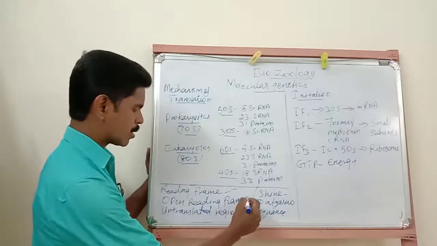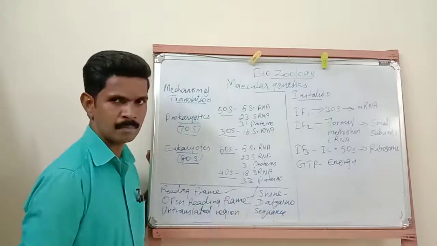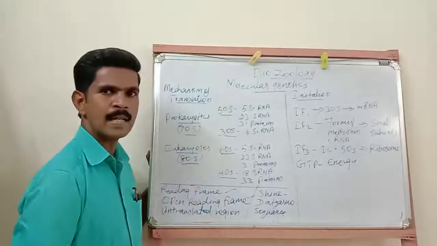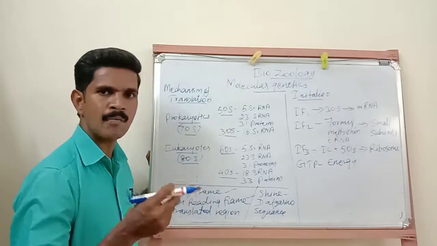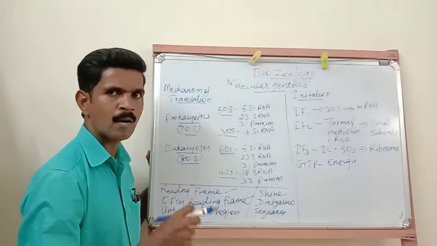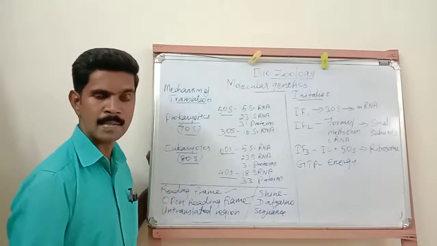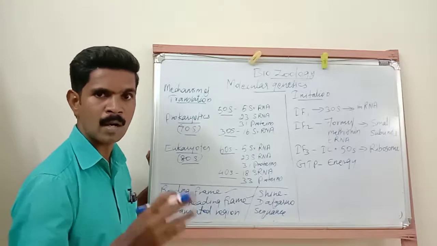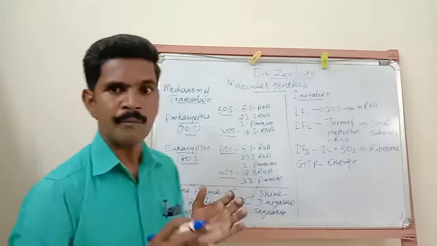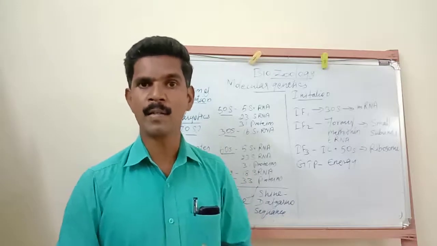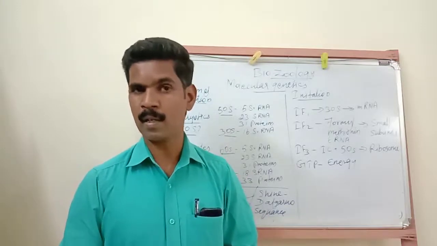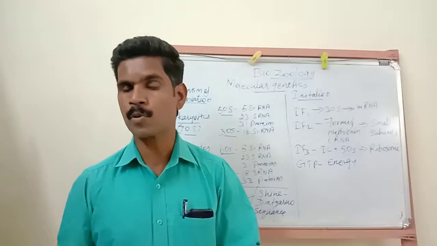The second 2-mark question is the open reading frame. Open reading frame means any base sequence of a DNA molecule or RNA molecule with a start codon, which is involved in the translation process to produce the protein.